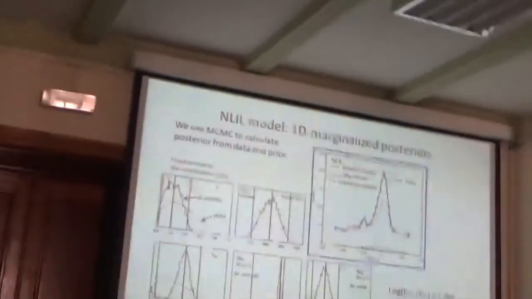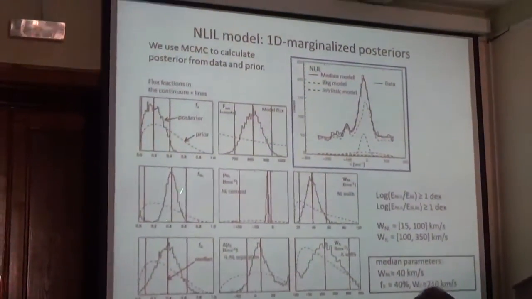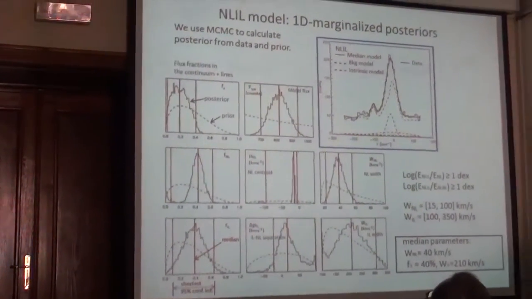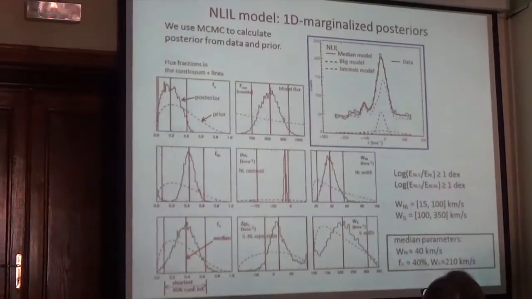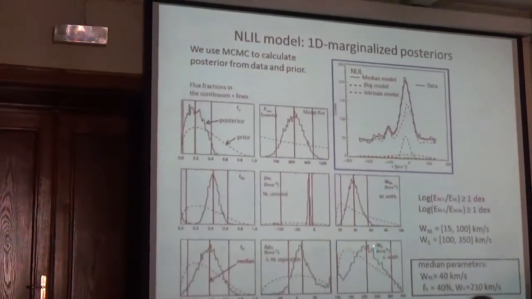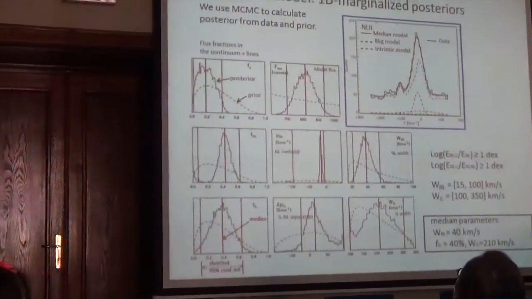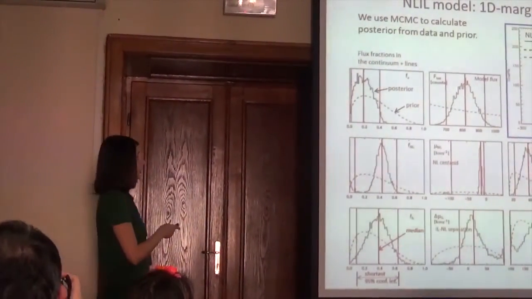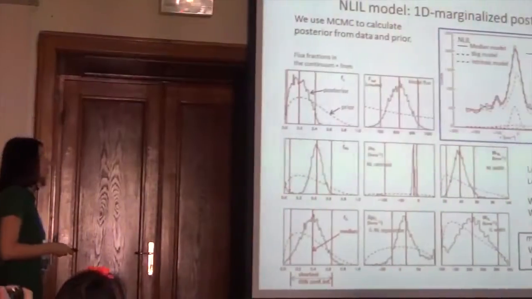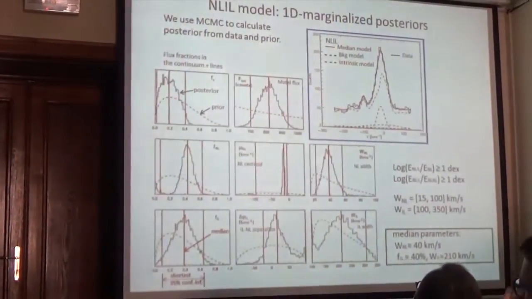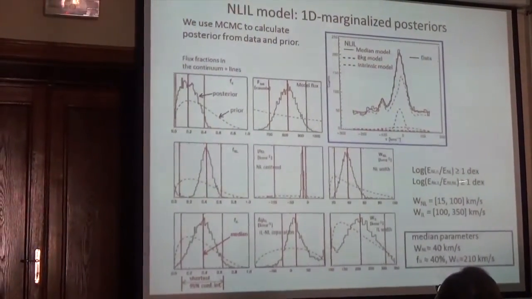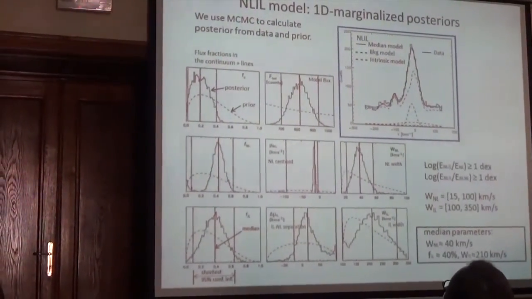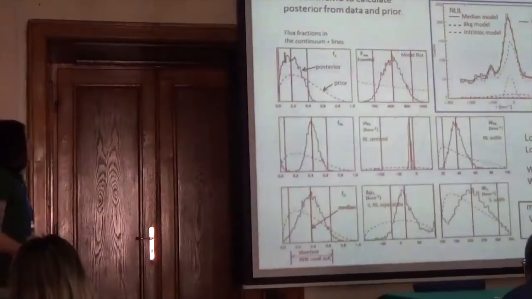We use several parameters, of which I would just go through narrow line width and intermediate line width. I should say that for this particular location, we found that the narrow plus intermediate line model is more than 10 times more likely than the single narrow line and double narrow line models. So it's the preferred one.